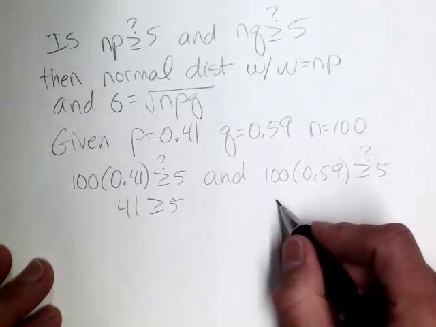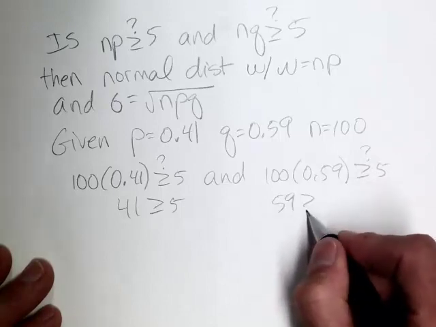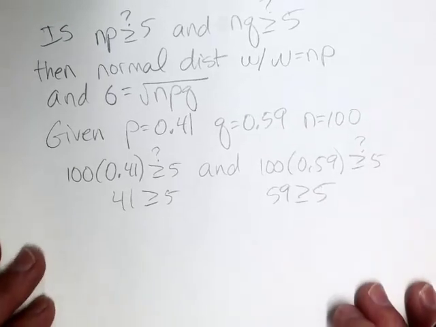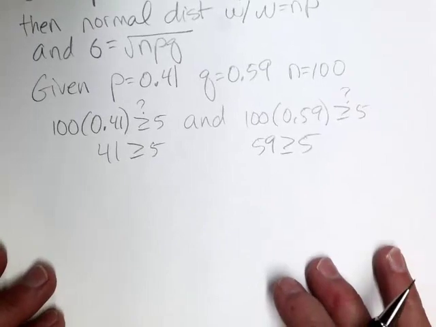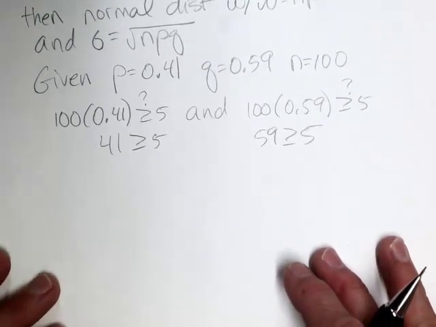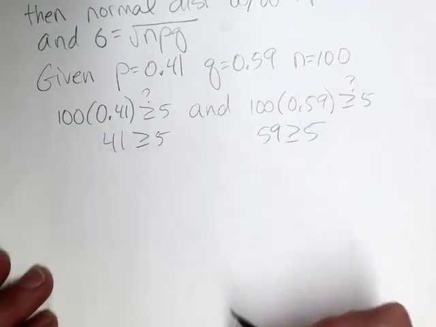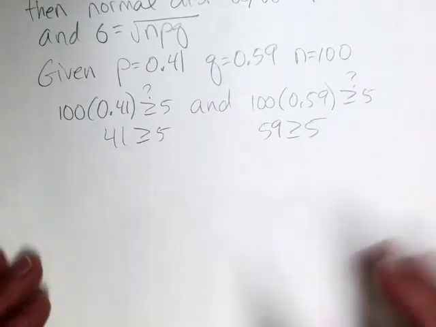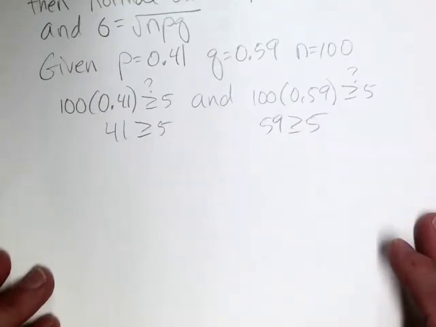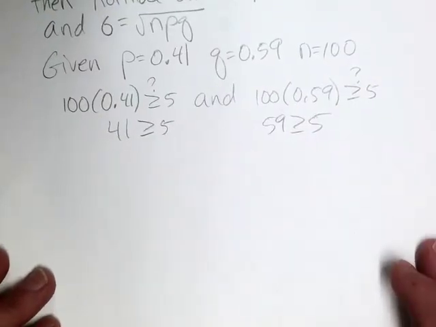That would be 59, and that is at least 5. So yes, the conditions are met to use the normal approximation to the binomial distribution. The next step is to find mu and sigma, so we can use the normal distribution.